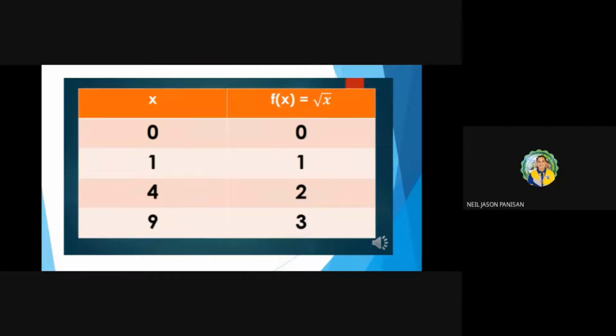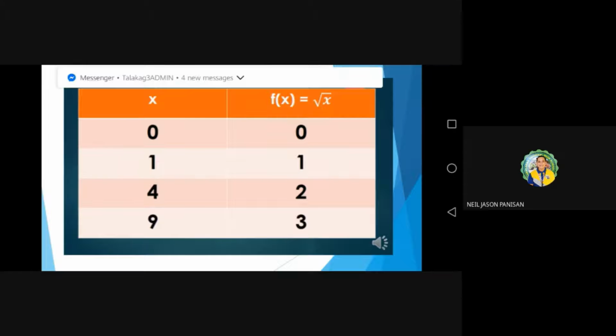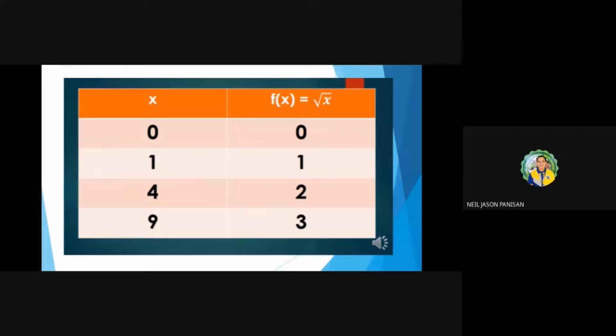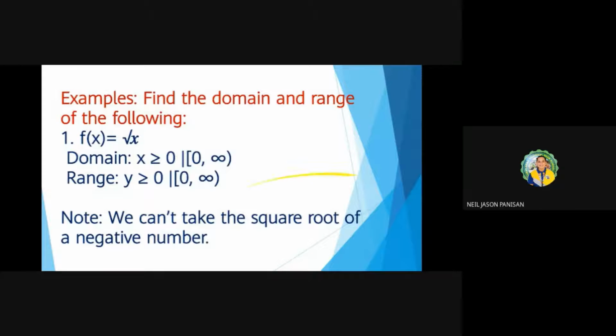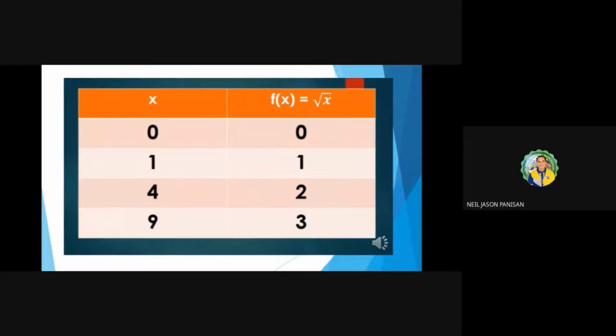So if we are going to have the values of x and the values of y, after that we can easily locate those points as the starting of our graphing. So if our x is 0, plug that 0 in the equation f of x is equal to the square root of x.